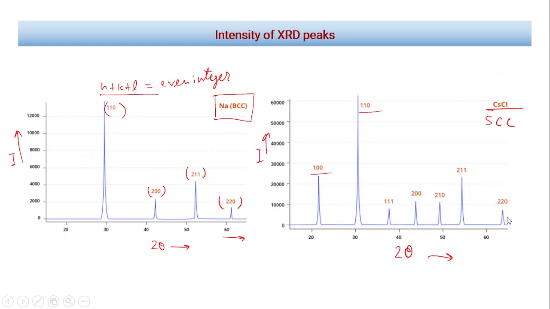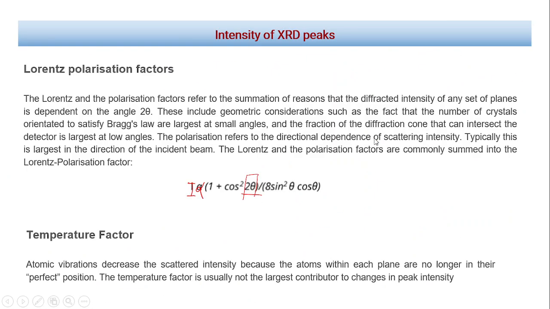Like here 100 is more intense than 200, and 110 is more intense than 220. That happens because of this factor, where we consider that there are more diffraction planes at smaller angles.